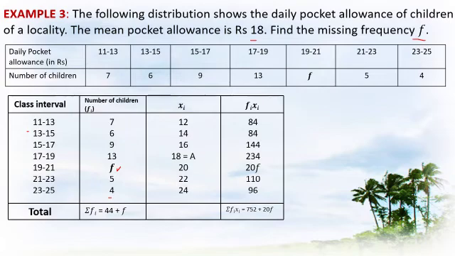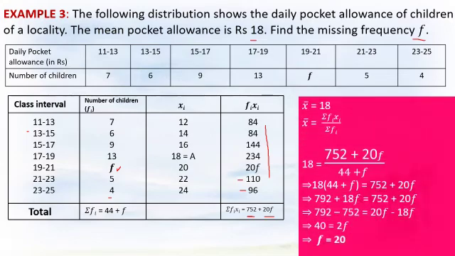Now we add all these numbers: 84 plus 84 plus 144 plus 234 plus 110 plus 96. You will get 752 plus 20f. This is the sum of all these numbers. Now you add the frequencies: 7 plus 6 plus 9 plus 13 plus 5 plus 4 is 44 plus f.